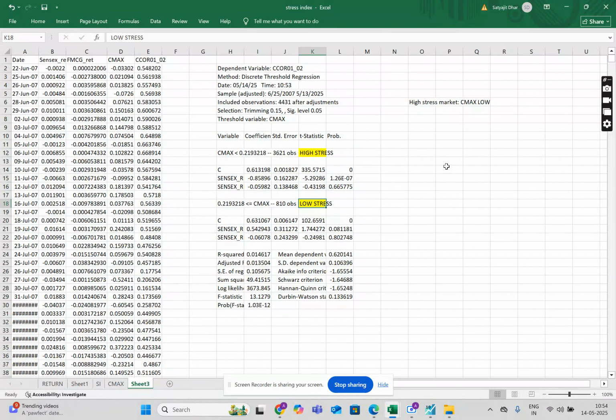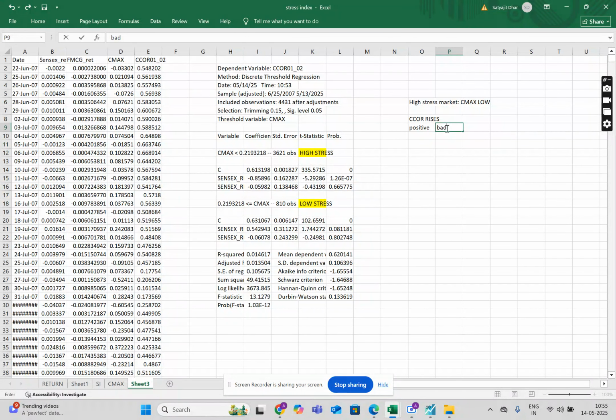Okay. So suppose in the case of high stress market, when Cmax is low, if then CCOR rises, what happens? If the CCOR is positive, that means in the case of a high stress market, when the market is not doing well, the positive conditional correlation is rising, which is a bad thing, because that means that my asset is moving along with the market.